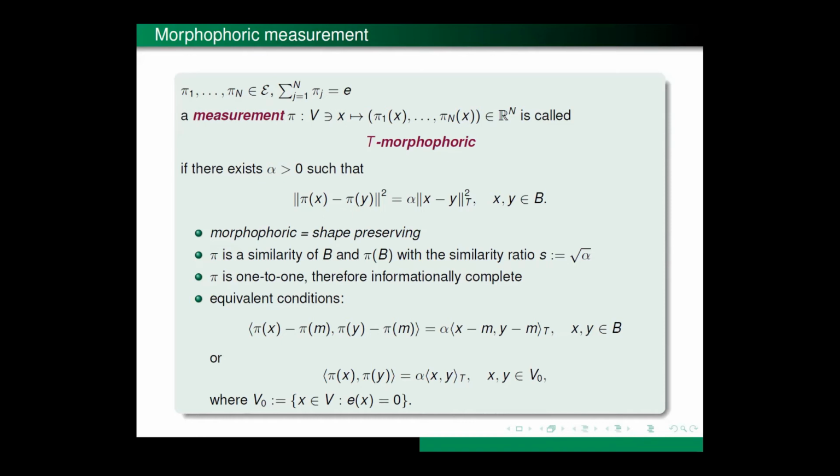So it preserves the shape, and that's the meaning of the word morphophoric. First, I would like to tell you something about the equivalent condition for morphophoricity. And this condition is very simple.